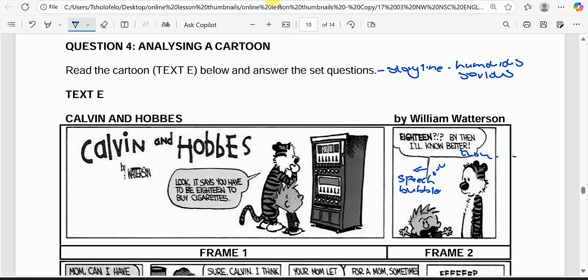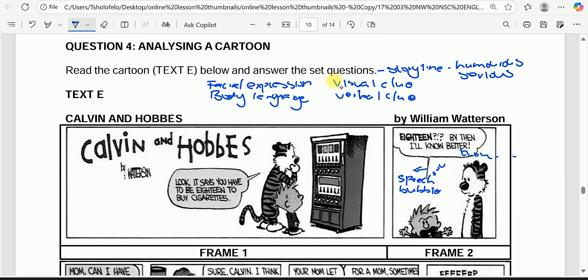And then we must also study the character's facial expression. You must also study the character's body language. And then you must know the difference between a visual clue and a verbal clue. A visual clue refers to the description of facial expression and body language.